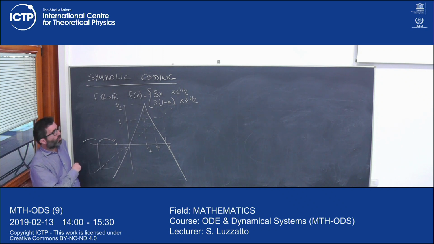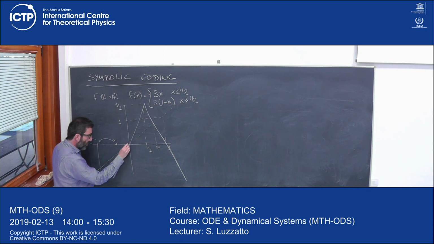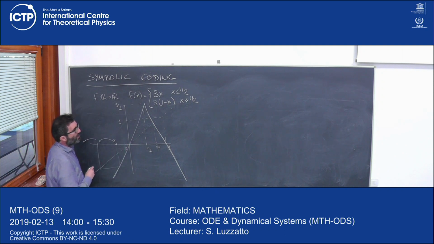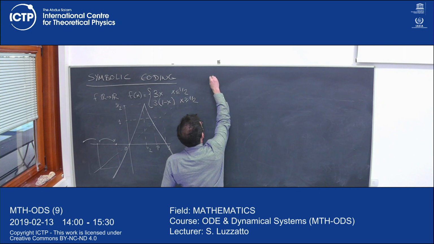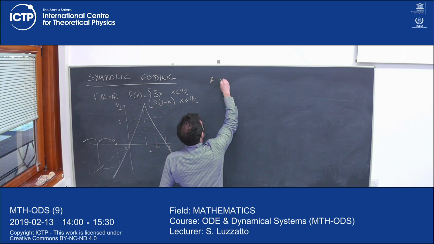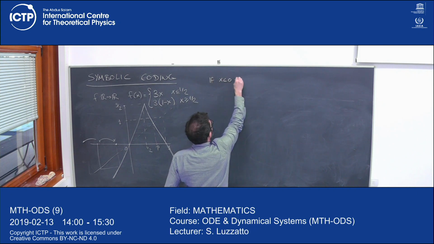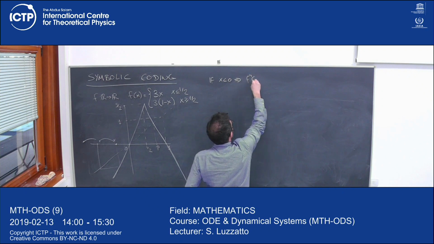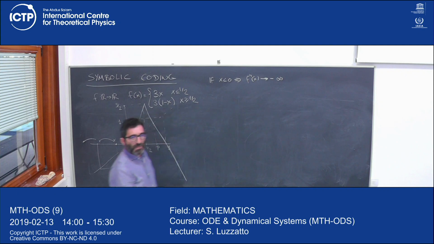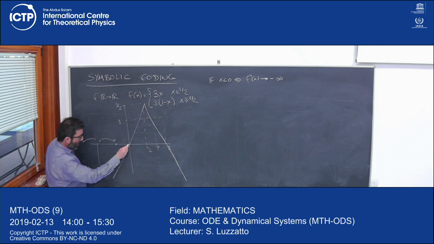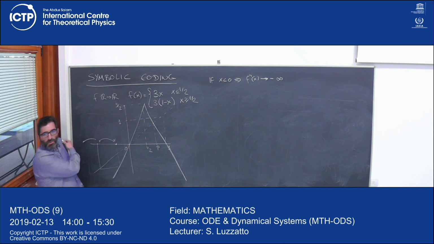Okay? So what is the first observation? This holds for any point that's negative, right? So if x is negative, this implies that f^n of x converges to minus infinity. Yes, because they just move. If you start with any point on the negative, then it will just move away. It will converge to minus infinity.